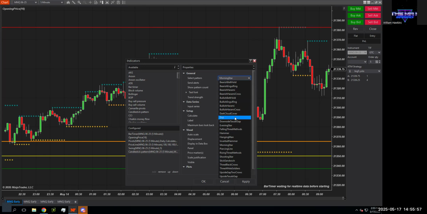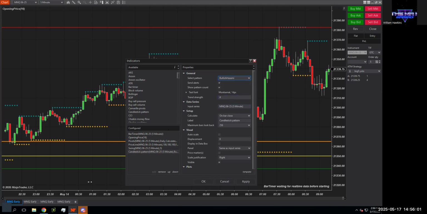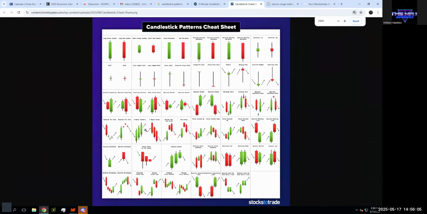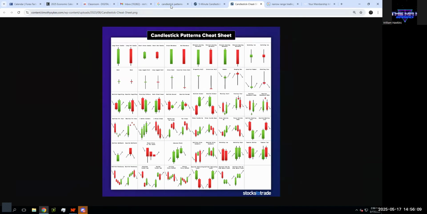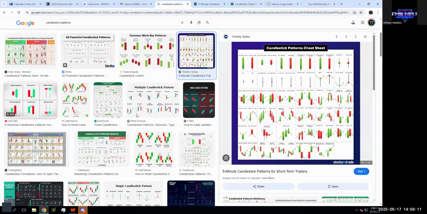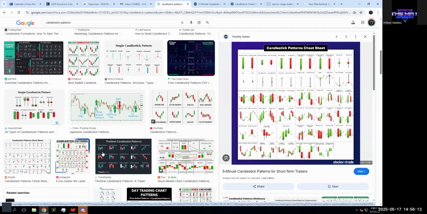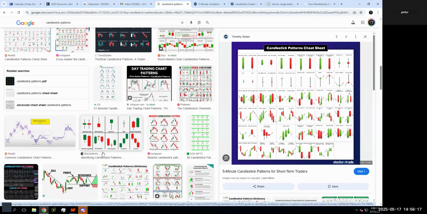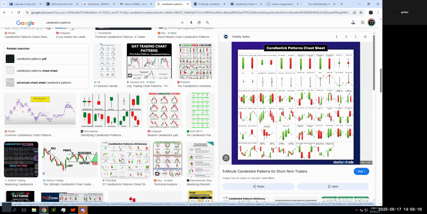Well, they have a lot of them on here, but you can literally Google candlestick patterns and you'll see so many different charts. Like some charts I have right here, these are all different candlestick pattern charts, but some of them refer to the same candlestick by a different name.